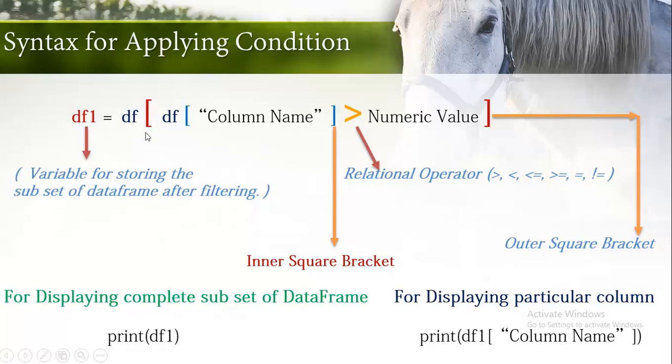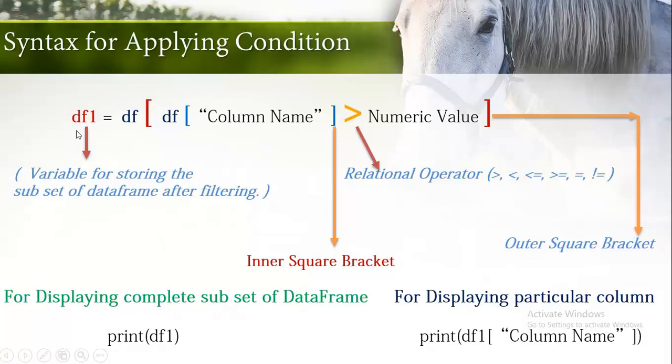Then in square brackets, again df, then square brackets where we put the column name. Then we use a relational operator, greater than, less than, equal to, or any of these operators, then the numeric value with which we have to compare, and then we close the square bracket.